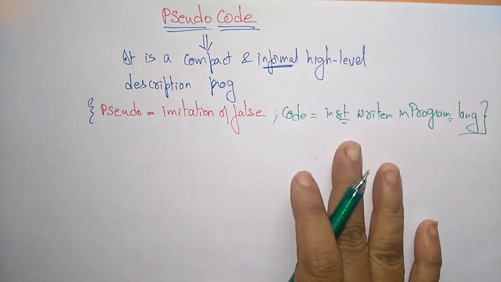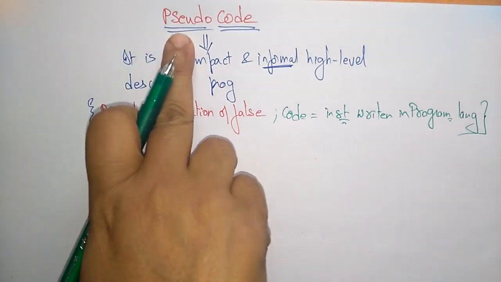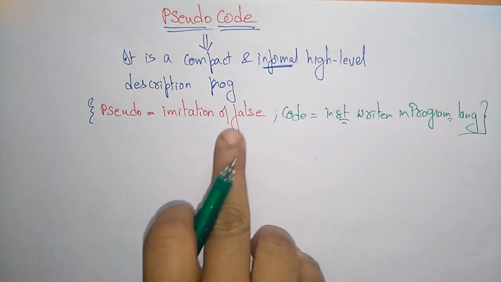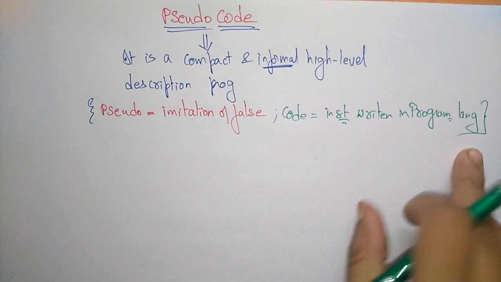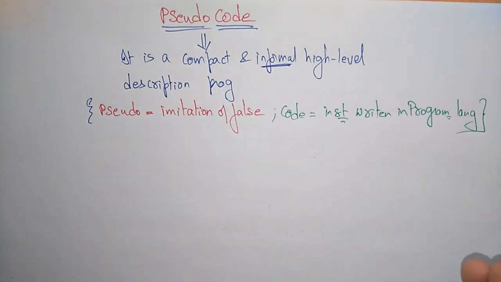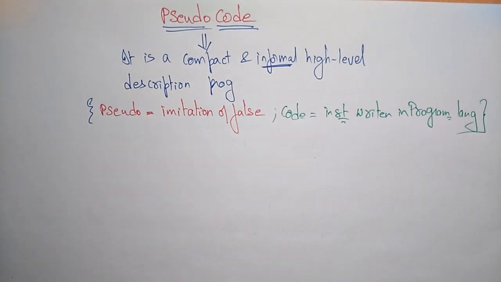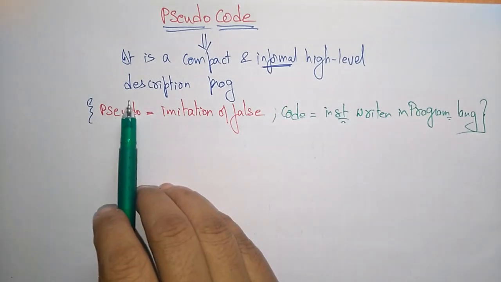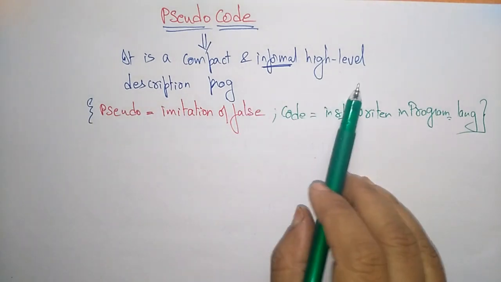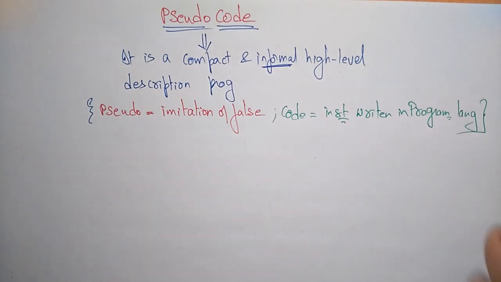So the word pseudo means it's just an imitation of instructions written in a programming language. Pseudocode will be useful only for the description of a program. This is an informal high level description of a program, that you call a pseudocode.